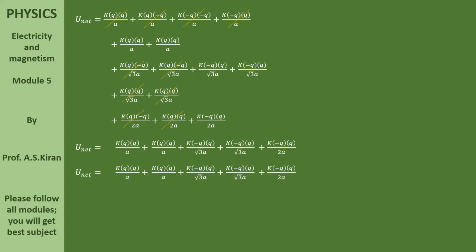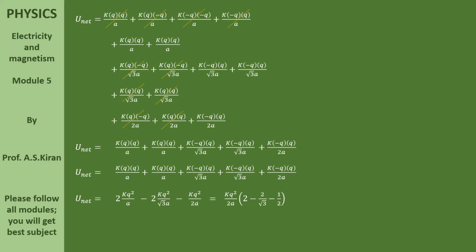So, U net is equal to twice of KQ square by 2A, minus twice of KQ square by root 3A, minus KQ square by 2A. That is the net electric potential energy.